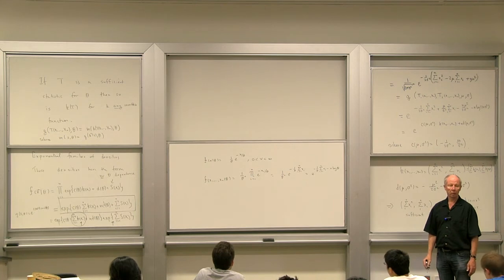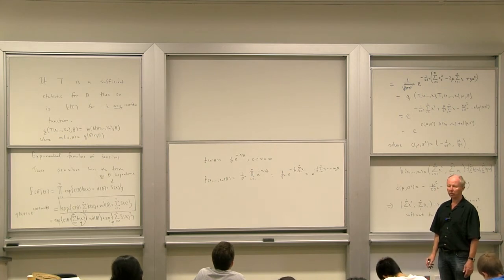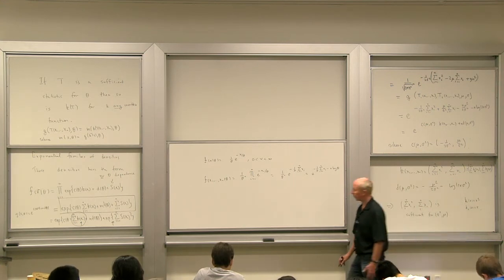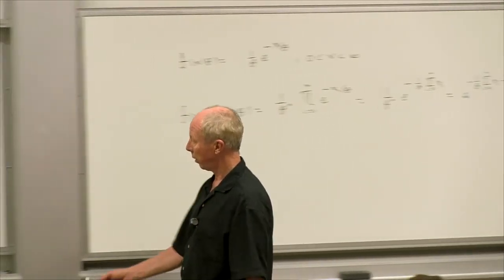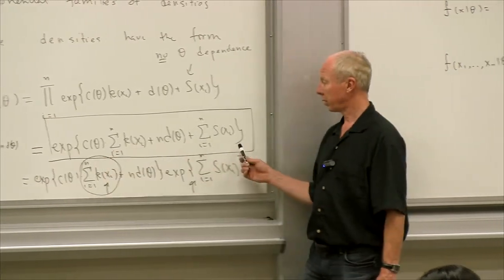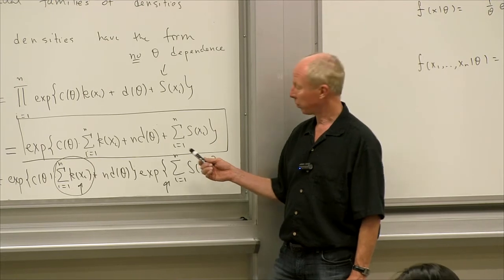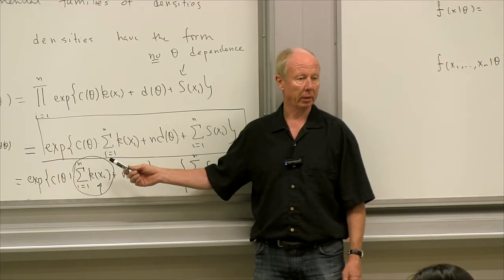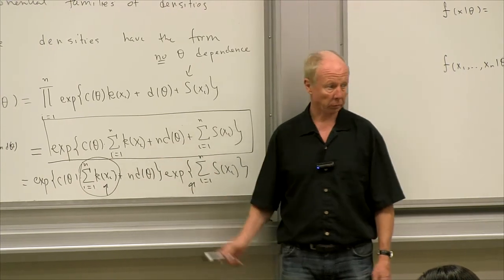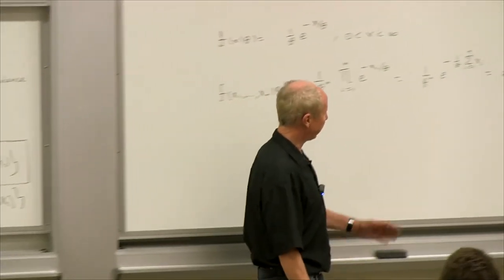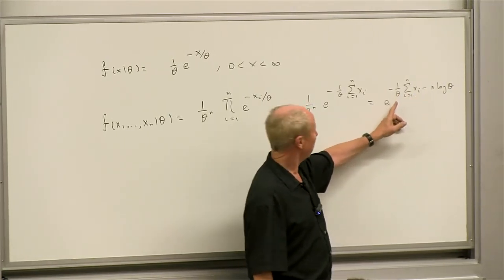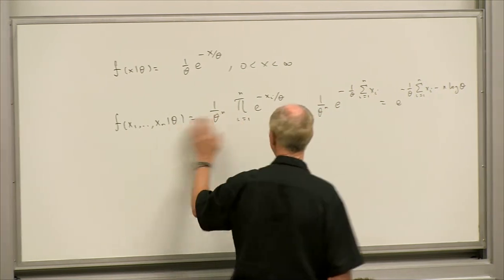Okay, so does this have the form of an exponential family? Well, maybe. Let's look at this. So theta is lambda, right? Is there a function of lambda times the sum of some function of the data? Yeah, the k of x would just be x. Well, I'm sorry. Theta is theta.